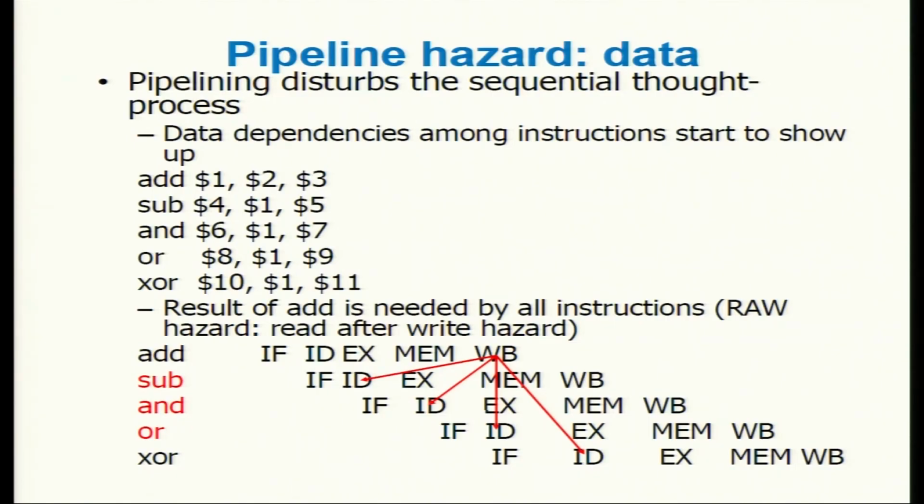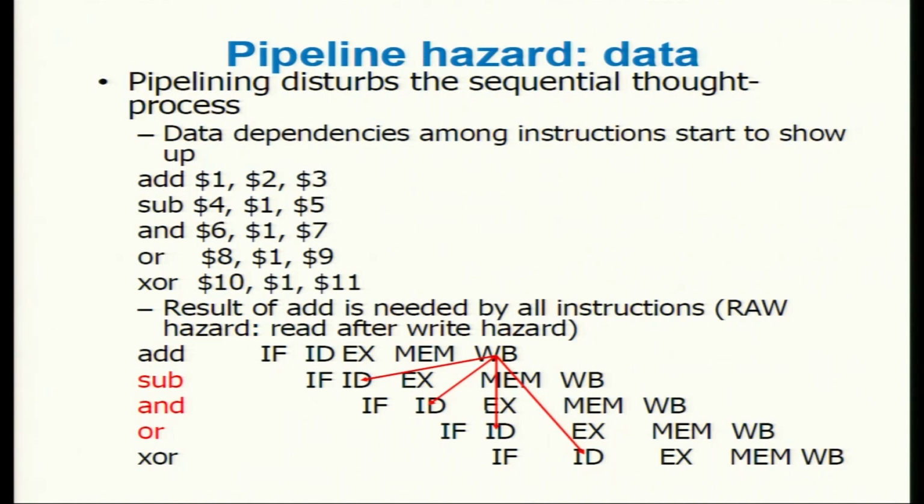And clearly it's going to be the wrong value, because $1 is not yet updated, it's updated only here in this particular cycle. A similar thing will happen with the AND instruction and the OR instruction. So it's called a data hazard. That is, you are unable to deliver the data to your instructions because of the pipeline.